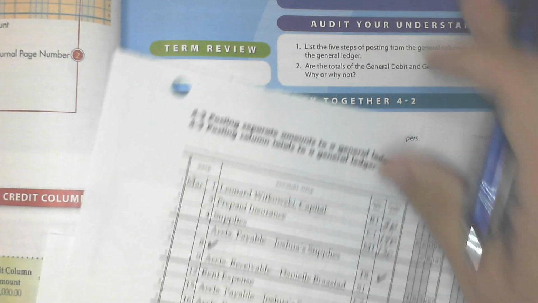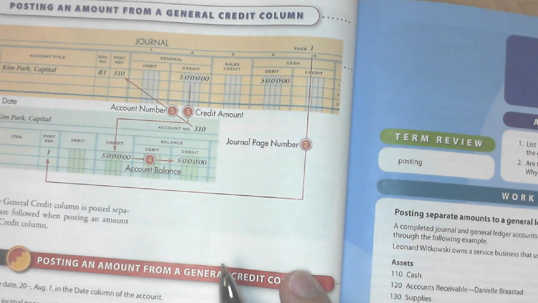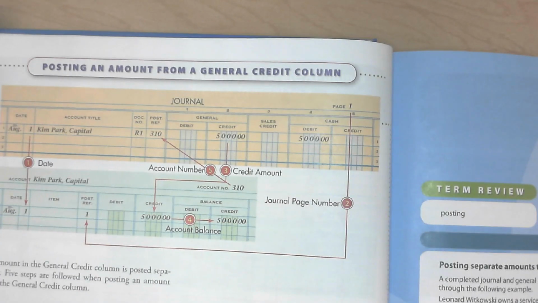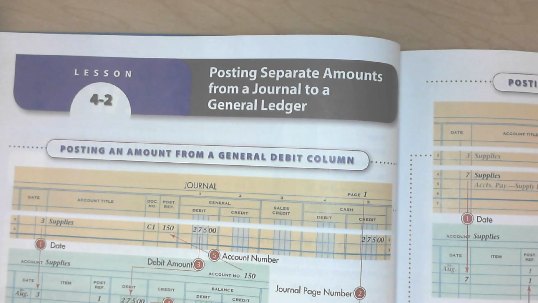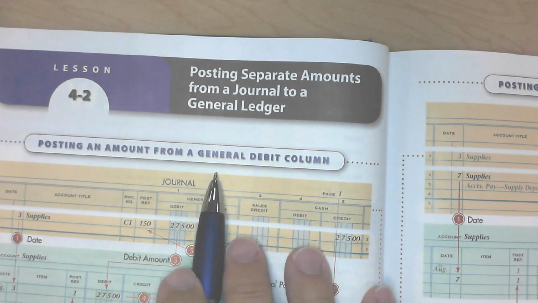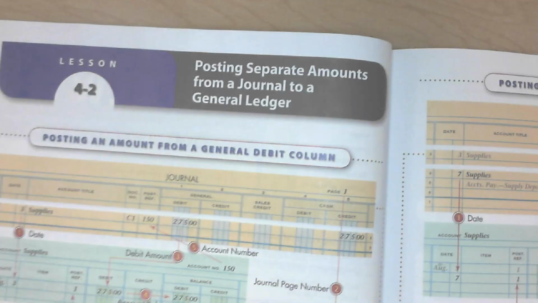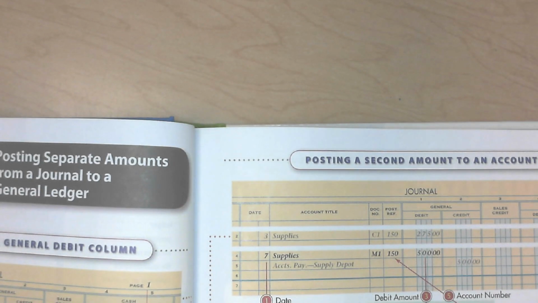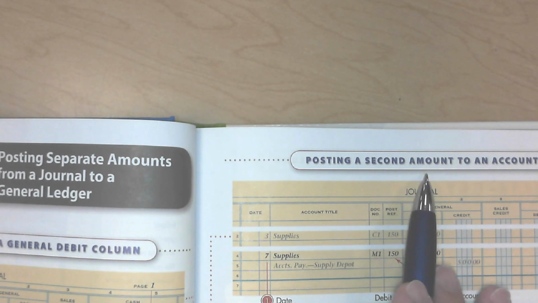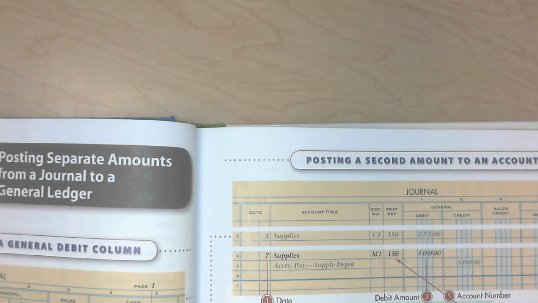And if you want to look in the book too, I'll show you where the examples are. So, account from the general debit column, posting a second amount in the column, so that's the second one, that's the first one.